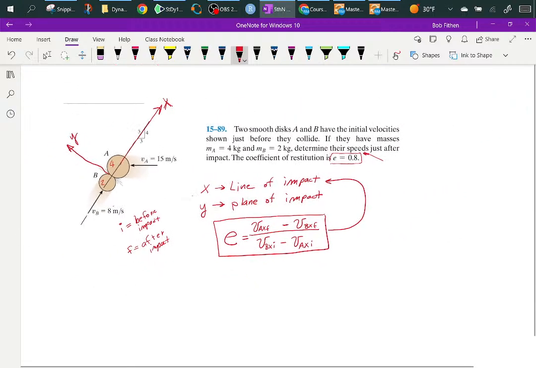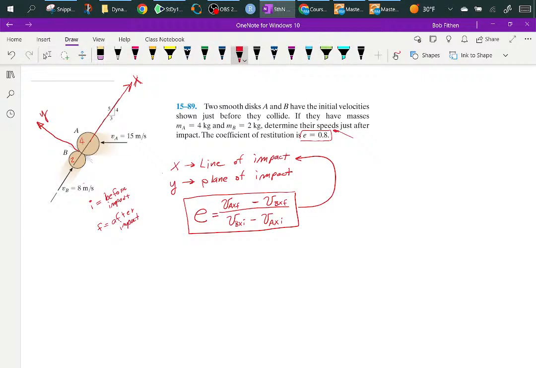What happens along the plane of impact? Well, unless there's some friction between objects, the velocity of A, Y final, is equal to the velocity A, Y initial. Meaning, if an object hits the wall, it glances off.